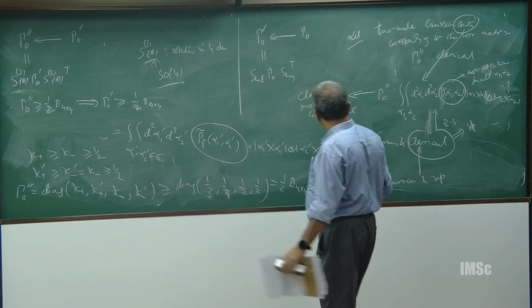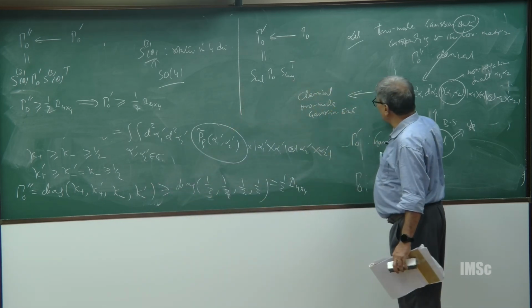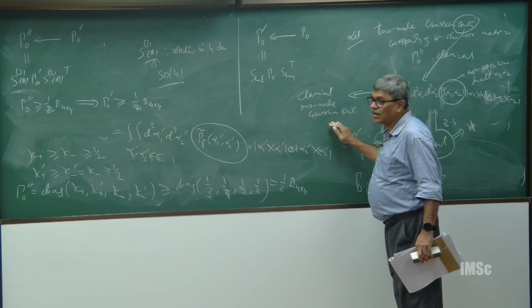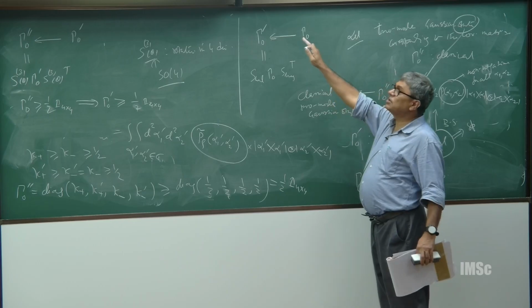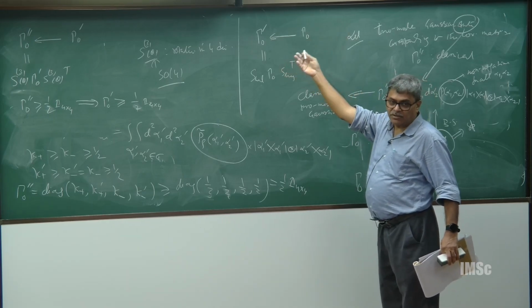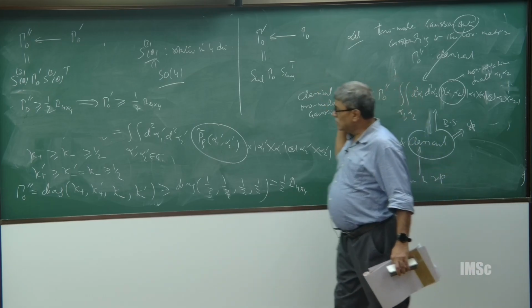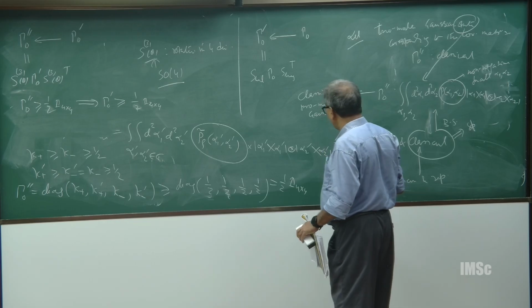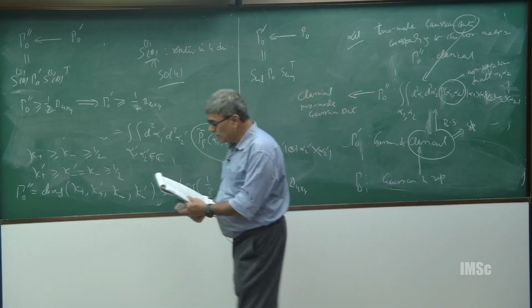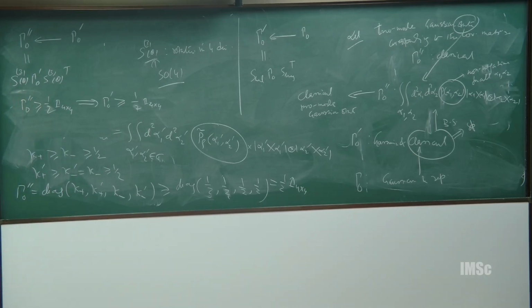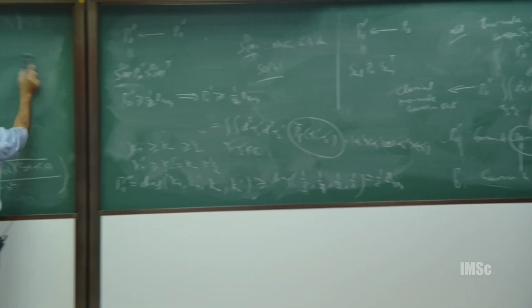So, if you assume that this is a Gaussian state that corresponds to a classical Gaussian state, then the original one has to be classical, that means the separable one. Okay. So, the question is what you can now prove is that, okay. So, let me erase this part.